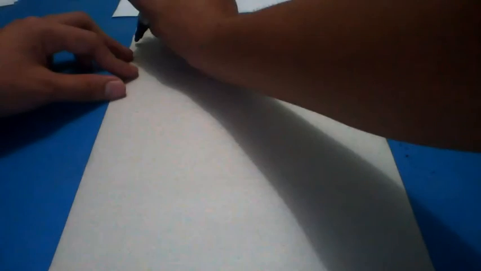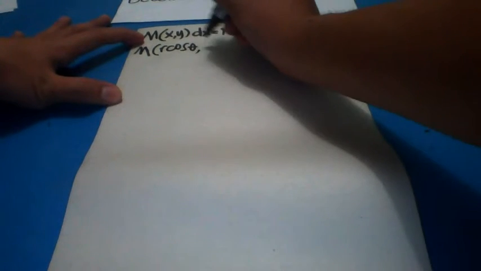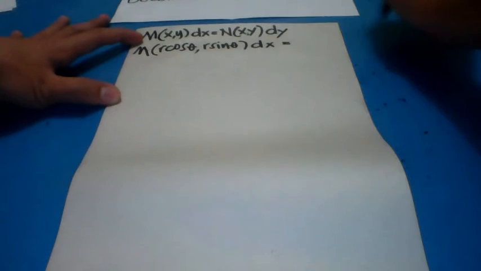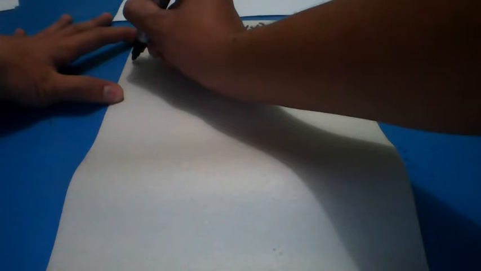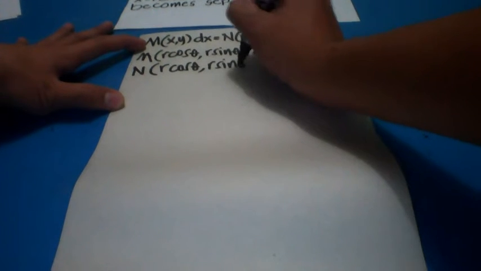So I have now M of r cosine theta and r sine theta dx is equal to, since we don't have enough space, I'm going to squeeze now, N of r cosine theta and r sine theta dy.